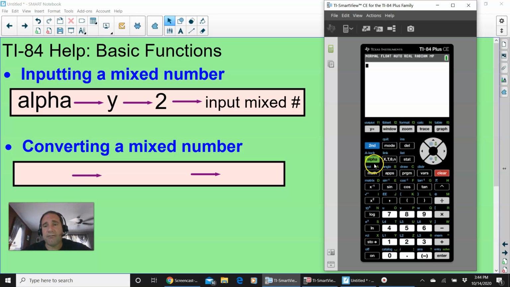You're going to press alpha and Y to get that secret menu to pop up. Then you could just press 2. You see how 2? That is a mixed number. We're going to press 2. And now the calculator will go back to the main screen, and it'll be ready for you to input that mixed number. And it's, let's say, 3 and 1/2.